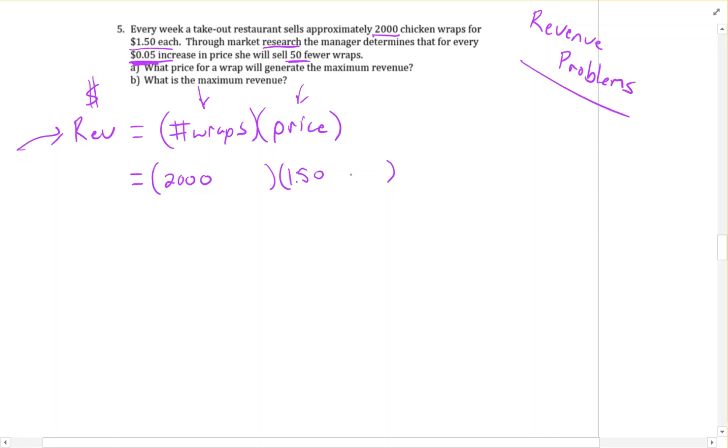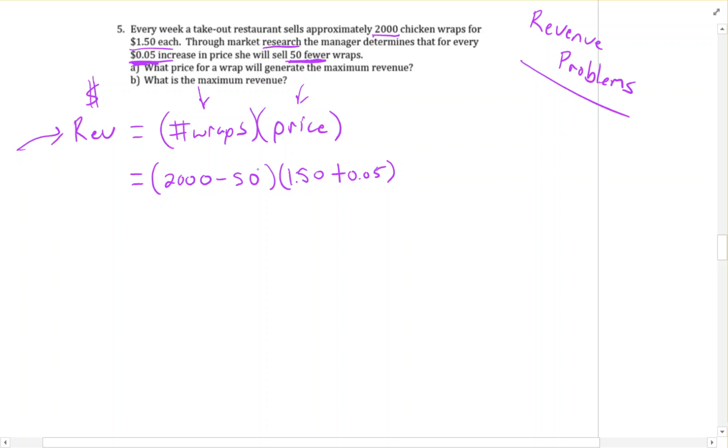So I'm going to go down here and say, okay, plus 0.05, right? Because every time it increases, you get 50 fewer wraps. So fewer means subtract. So that's this side. This was the wraps over here. So that'd be minus 50. And that's pretty much it.